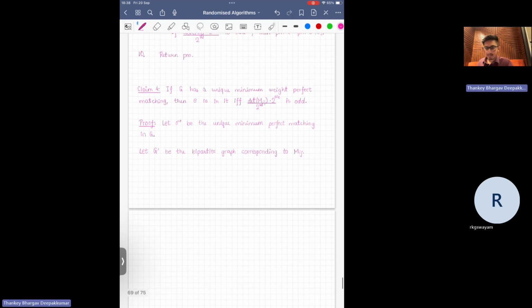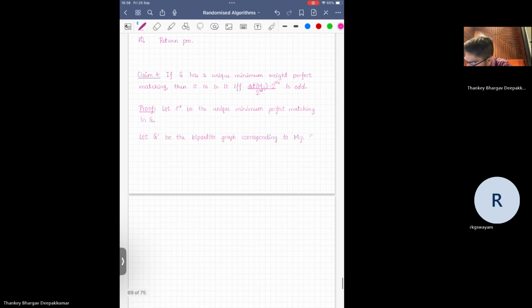Let G prime be the graph corresponding to Mij. This is just the graph obtained from G by removing the ith vertex of L and the jth vertex of R, right?